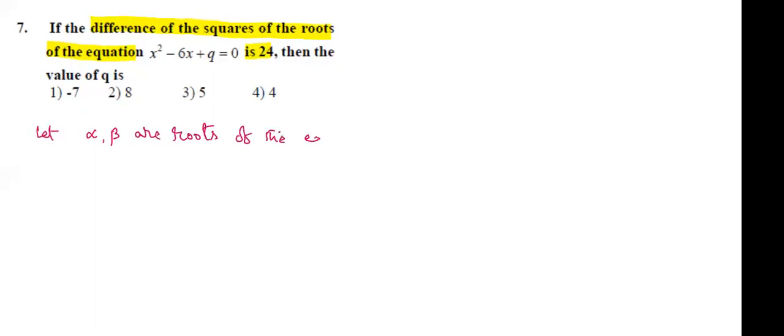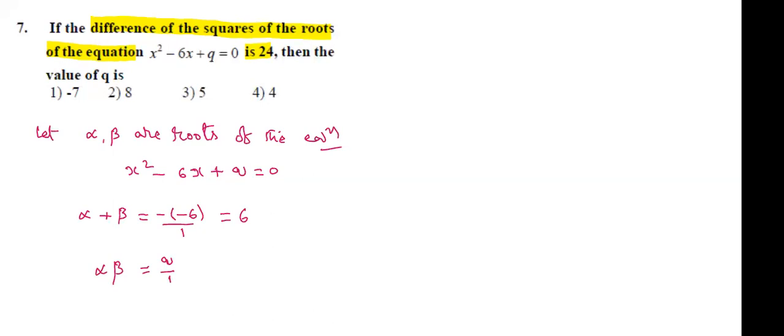What is the equation here? x square minus 6x plus q is equal to 0. Now find sum of the roots. Alpha plus beta. Minus of minus 6 divided by 1. That is 6. Product of the roots. Q divided by 1. That is equal to Q.